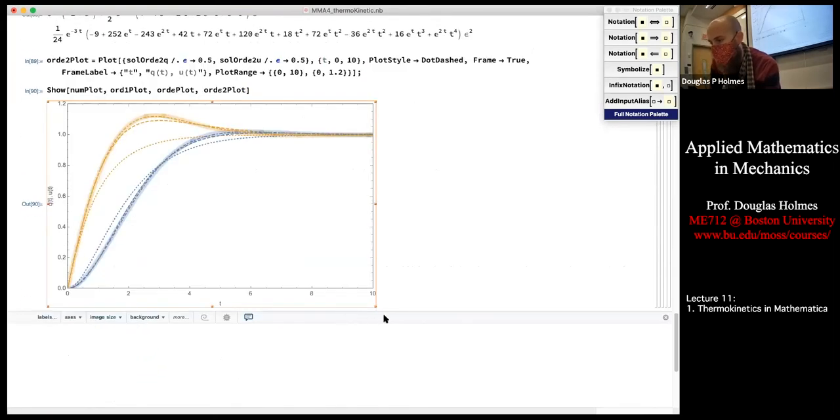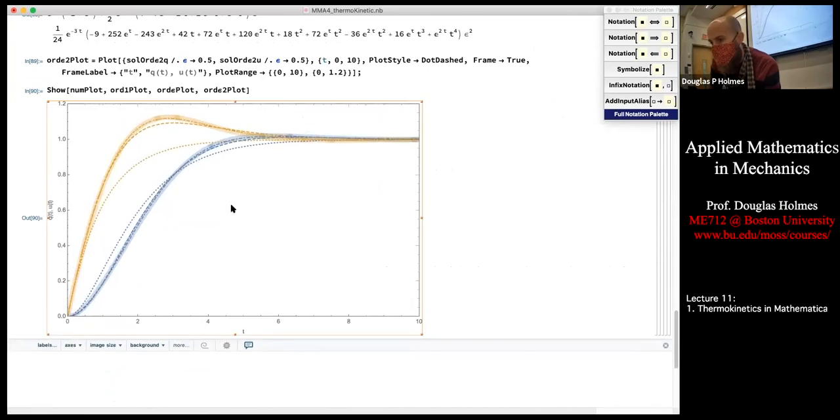Now you can really see that my order epsilon squared solution is really capturing this thing quite well. Maybe not perfectly, you can compare and decide to yourself how far to go.